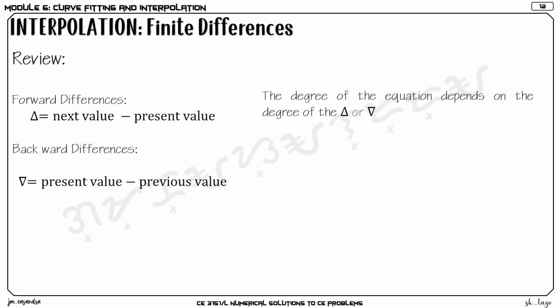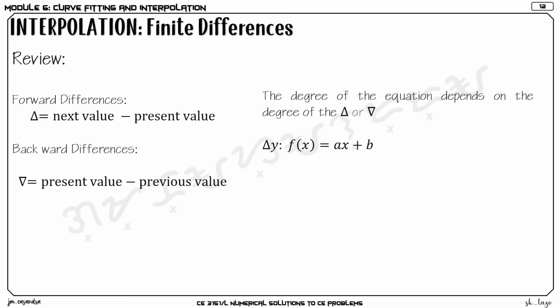For the degree of the equation, it would now depend on the degree of the computed delta or nabla. So if we reach a value of 0 or we have attained a single equation for our delta or nabla, we will now follow the degree from which we have stopped.